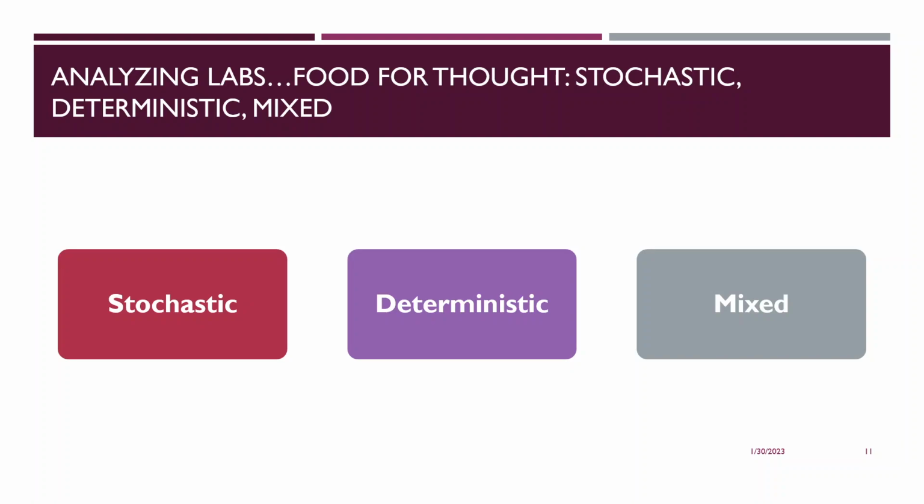One last thing, I've talked a little bit about this already. I'm almost done. I think there's one more slide after this. Analyzing labs. Just be on the lookout for this. I've hammered this: deterministic, stochastic, mixed.